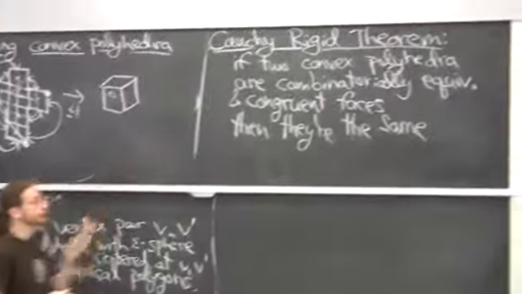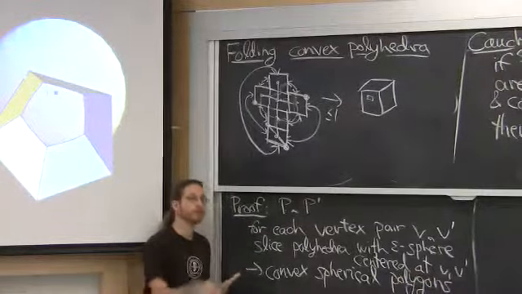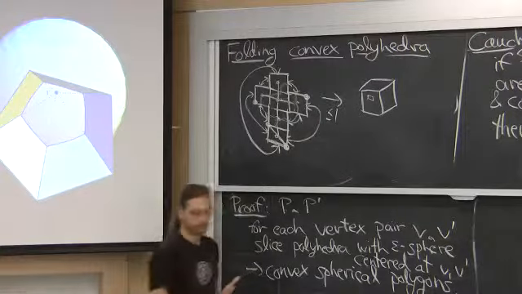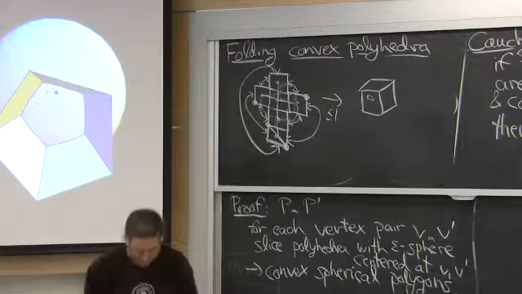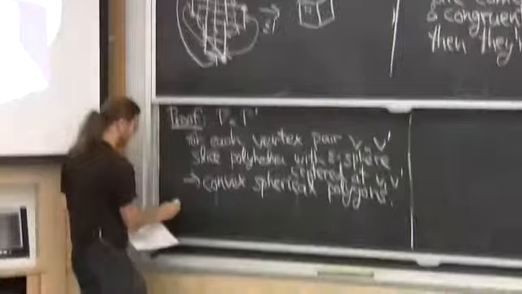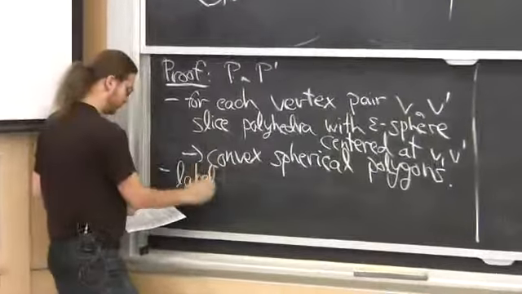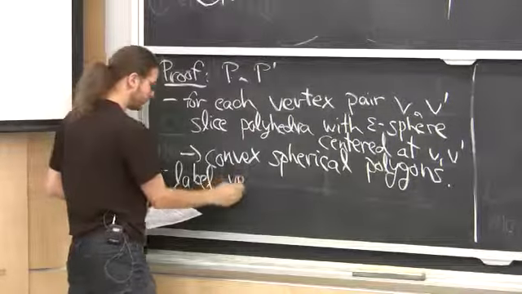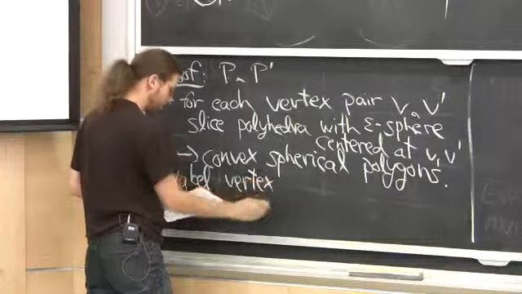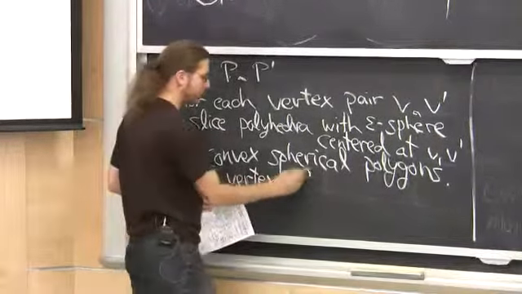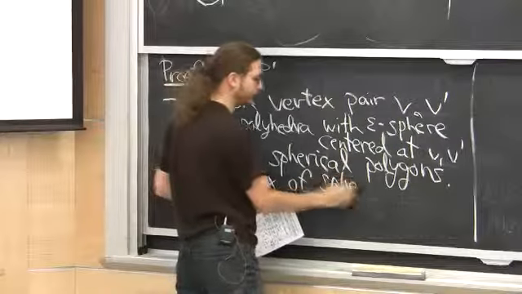If P and P prime are supposed to be different, then there must be 2 angles that differ. So I want to look at those angles. And I want to label each vertex of a spherical polygon.